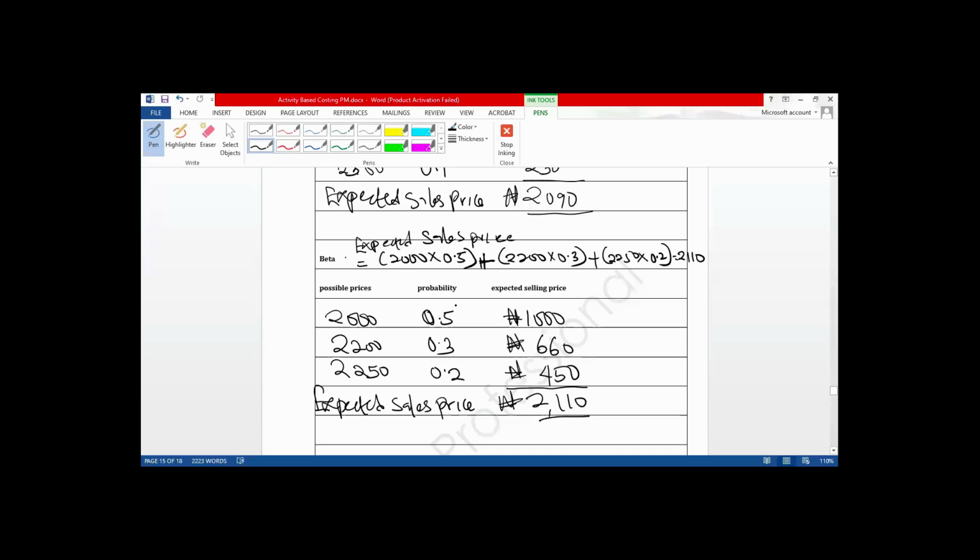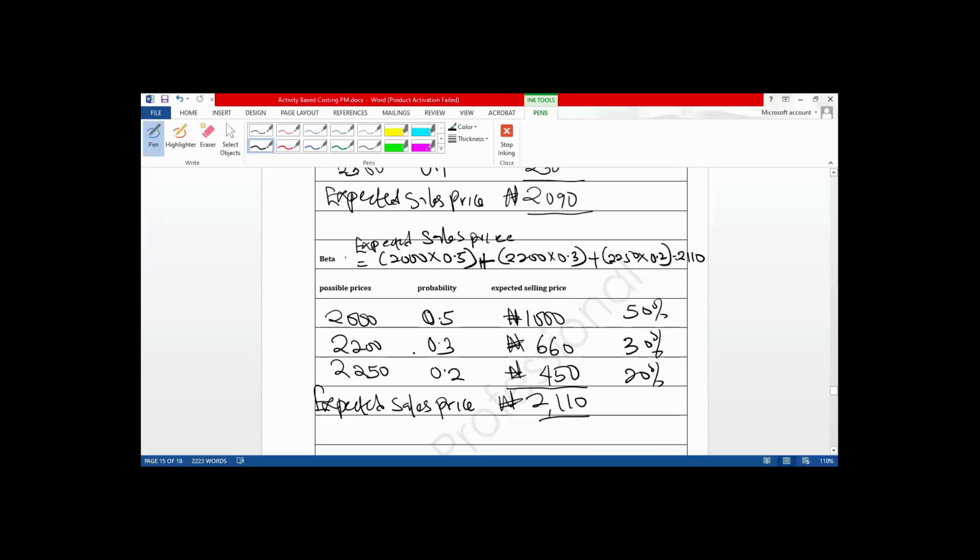Another thing that could happen is that your probability can be given to you in percentage. The examiner can do like this: 50%, 30%, 20%. 50% is still 0.5. 30% is 0.3. 20% is still 0.2.